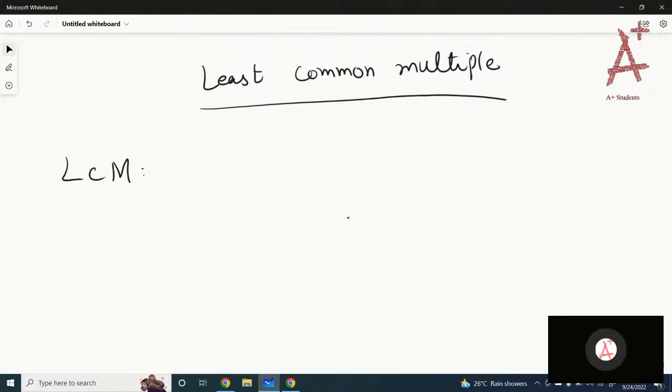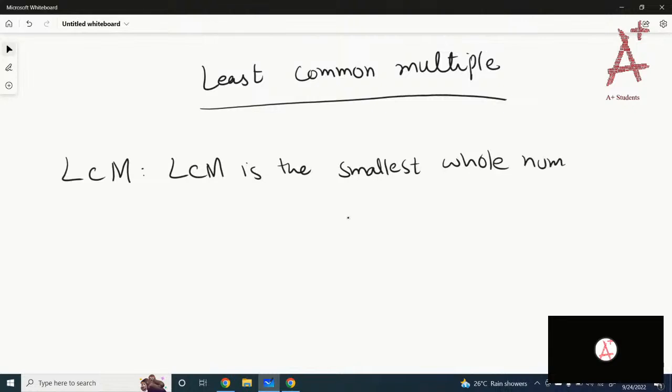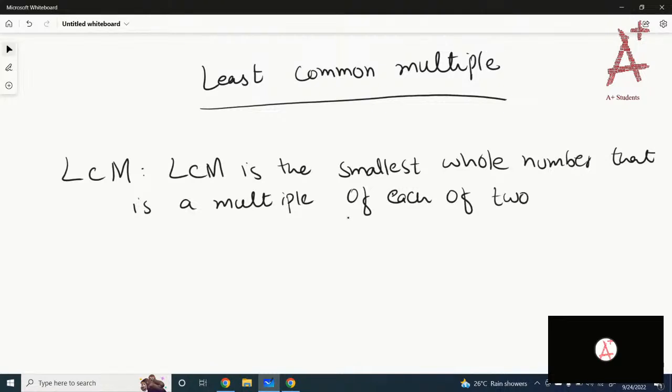The LCM is the smallest whole number that is a multiple of each of two or more numbers. Got it?